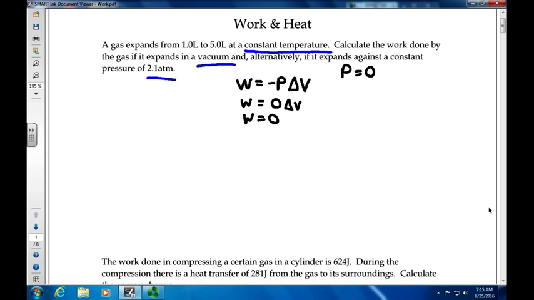So in this particular case, think about it in terms of if you had a balloon and let it go in a room, it would expand into the room only so far as to where the edges of the room are.